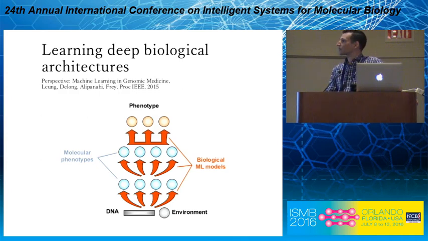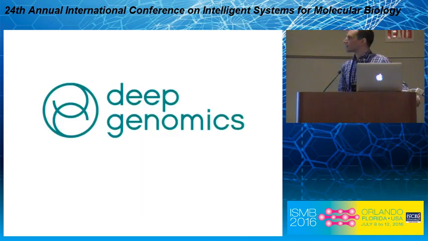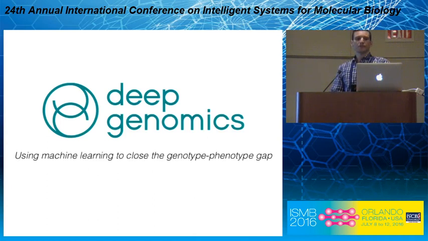We believe it really needs a concerted and well-funded effort to take these models from the academic domain and really allow them to change medicine and affect the life of patients. That is what the company Deep Genomics is about.